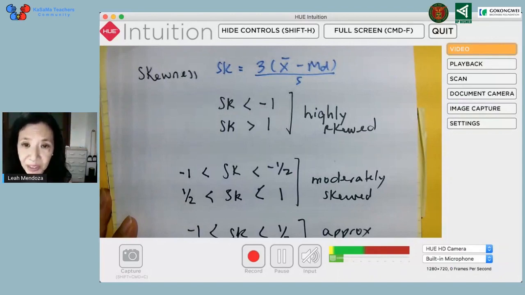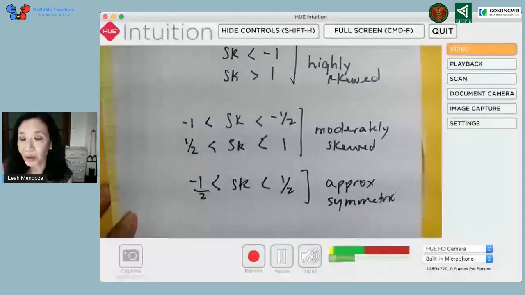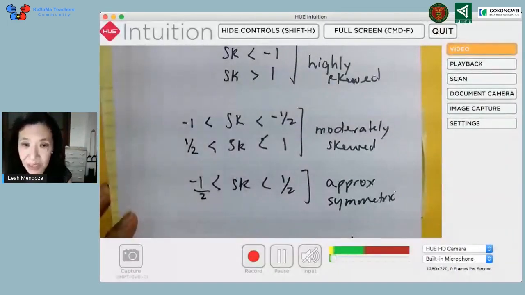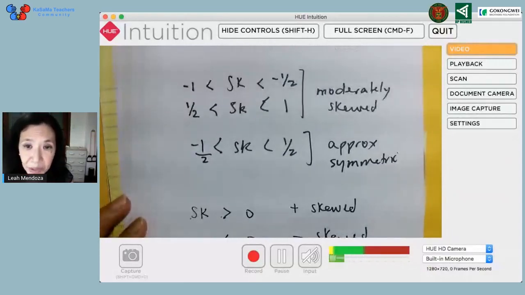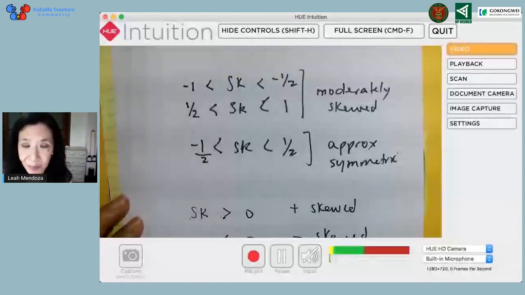When skewness is between -1 to -1/2, or on the other side, 1/2 to 1, the positive side, it is moderately skewed. And when skewness is between -1/2 and 1/2, it is approximately symmetric.